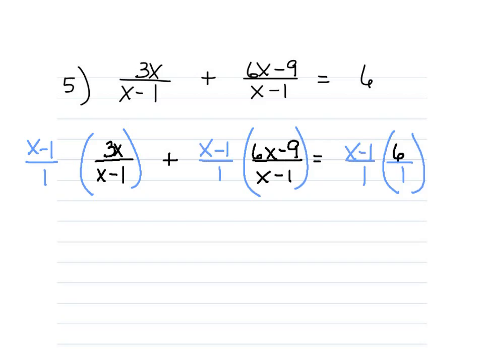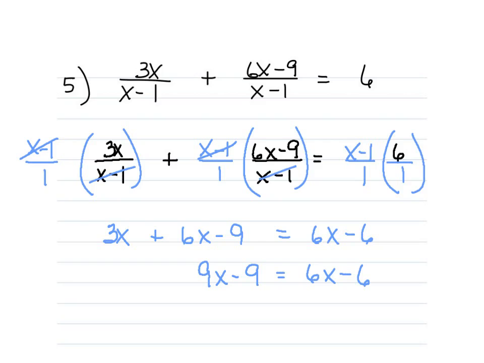All right, so that will cancel. 3x, that will cancel. 6x minus 9, and I will distribute here 6x minus 6. Right? Let's go ahead and simplify. 3x plus 6x is 9x minus 9 is equal to 6x minus 6.